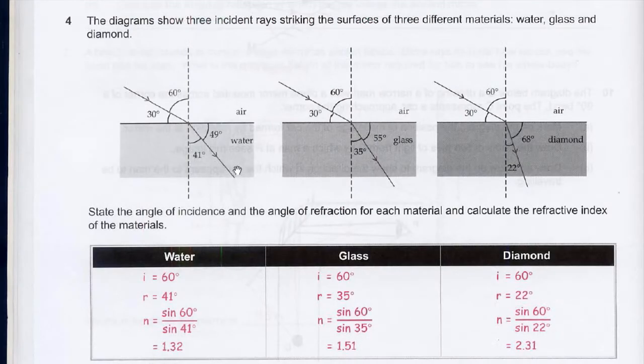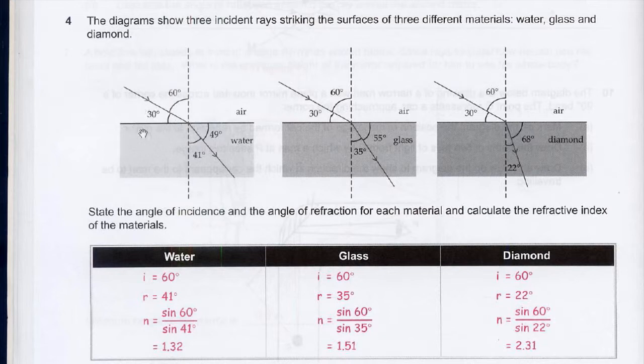In question 4, the diagram shows 3 incident rays striking the surfaces of 3 different materials: water, glass, and diamond. This is the light ray striking the different medium, coming in at an angle of 60. The angle of incidence is 60.